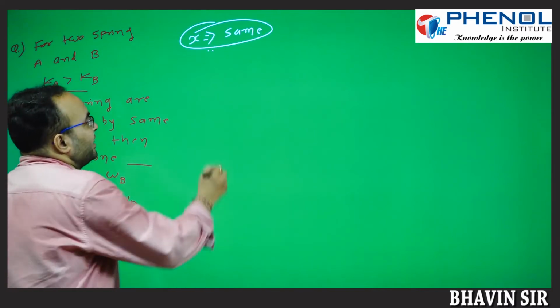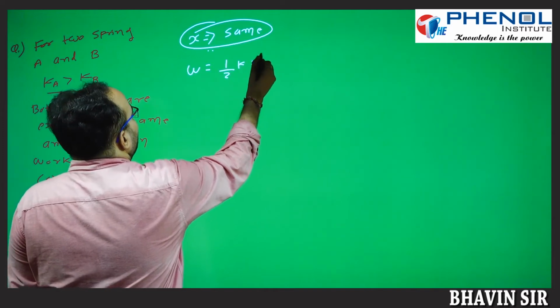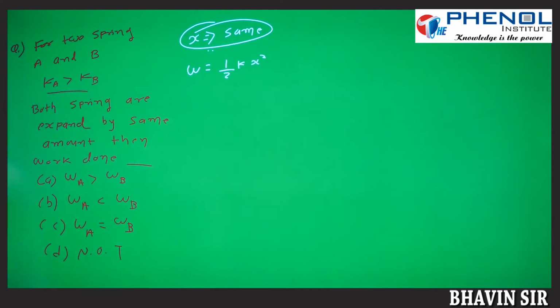So if X is same, then what is the work done? It means what? Energy stored. The work done is the energy stored in a spring. Energy stored in a spring is known as work done. So work done means energy stored. So what is the energy stored? Half kx square.